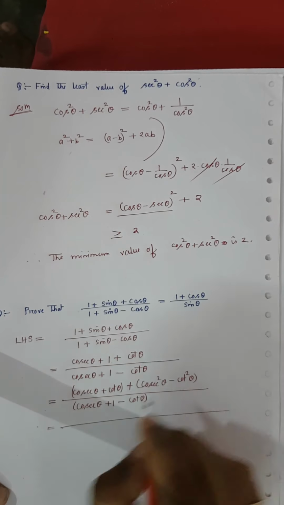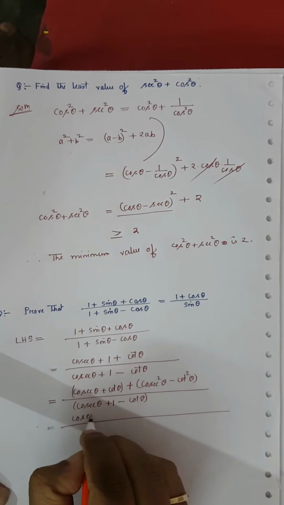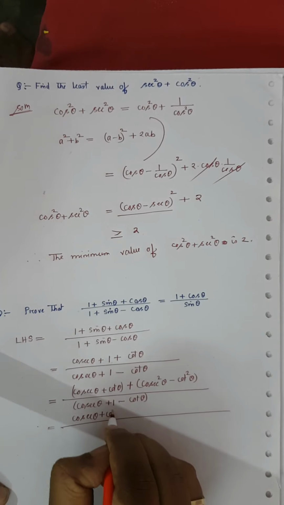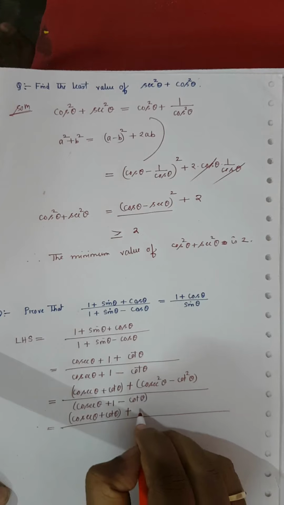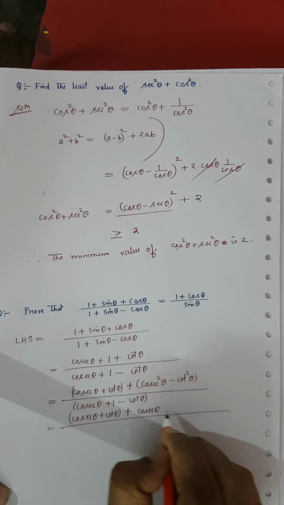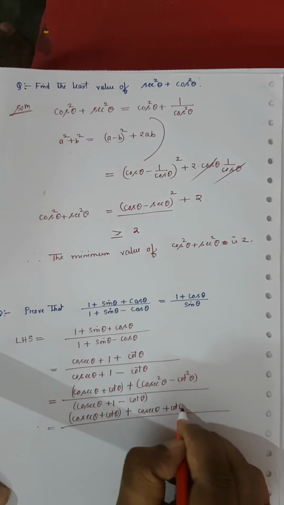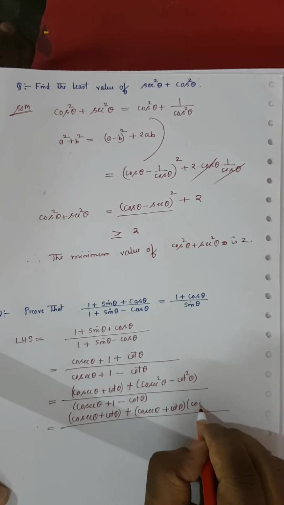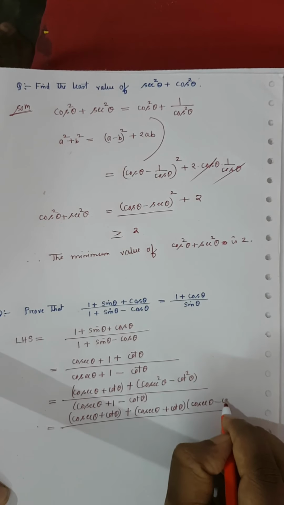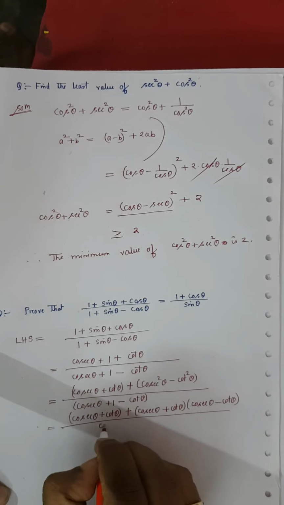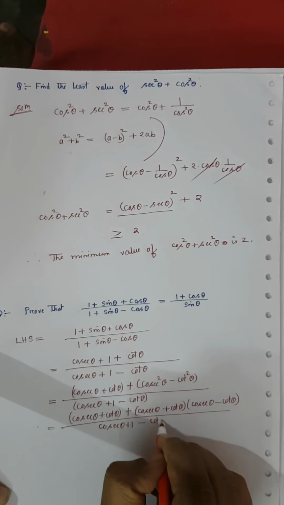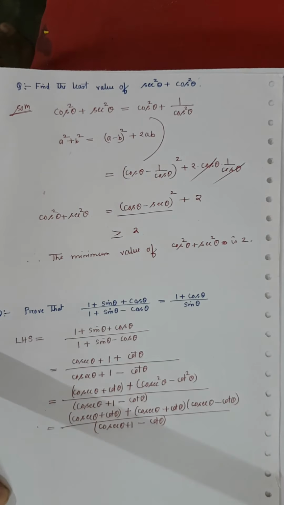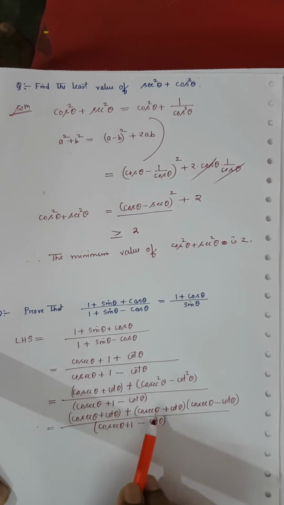If I further factorize it, I'll get cosec theta plus cot theta. Now it is a square minus b square. Formula is cosec theta plus cot theta, cosec theta minus cot theta divided by cosec theta plus 1 minus cot theta. See, in the numerator you can take cosec theta plus cot theta, this common factor.